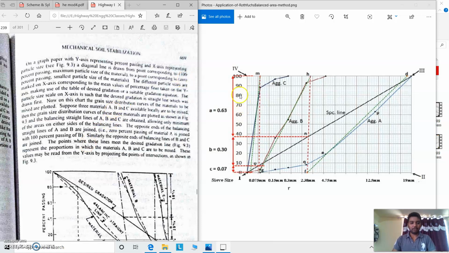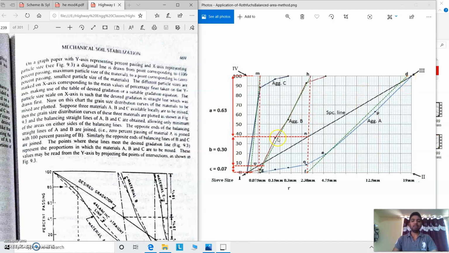After plotting the percentage passing and sieve sizes on the graph, a diagonal line is drawn from the point at 0 percentage passing and minimum sieve size, to the point of maximum percentage passing and maximum sieve size.